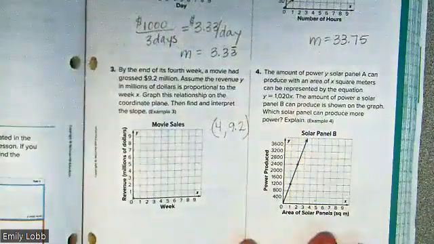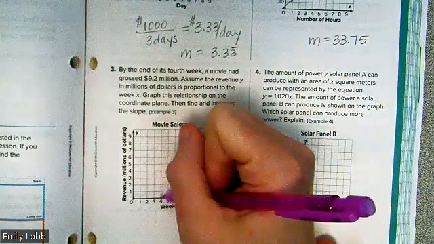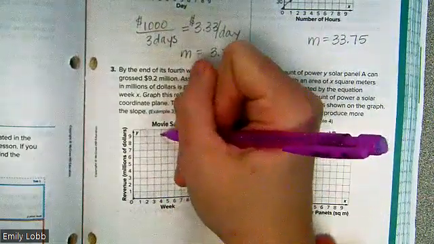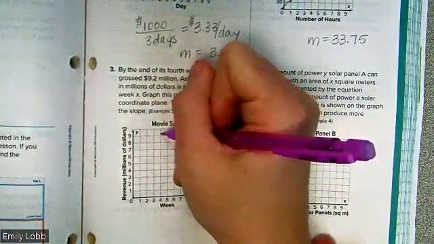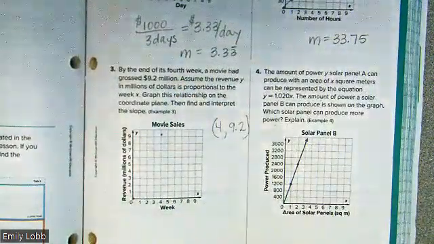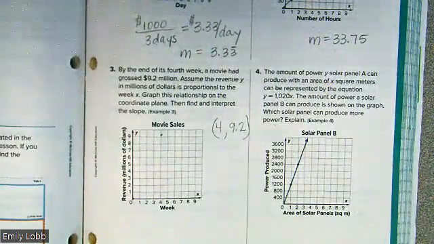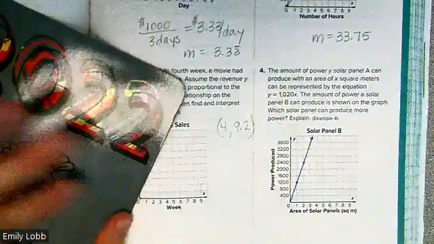Because you can't make any money from doing nothing. And we would be at 4 and 9.2, which is way up here, almost a quarter of the way to the next line. So this is a pretty steep slope. Well, not the steepest, but it's fairly steep.